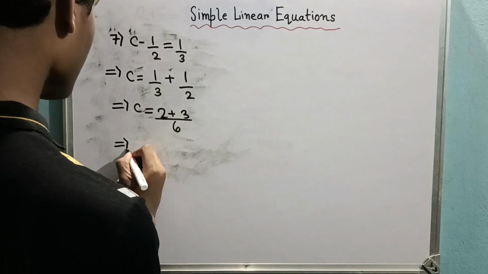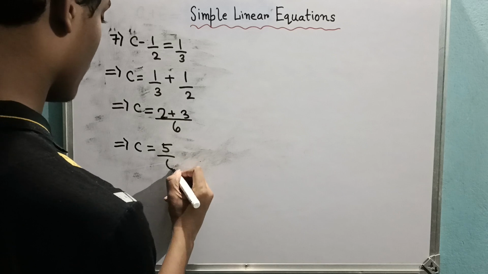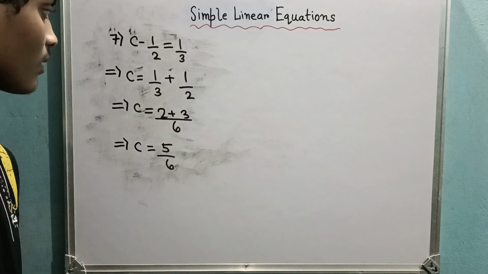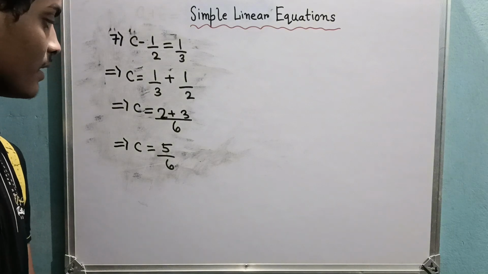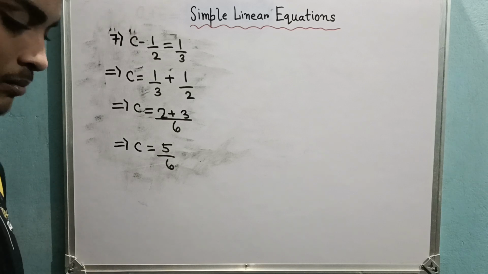So the answer will be c is equal to 5 by 6. There you go. It is very easy, I know, but slowly now fractions are also introduced. Now you will get to see mixed variables and different kinds of sums.